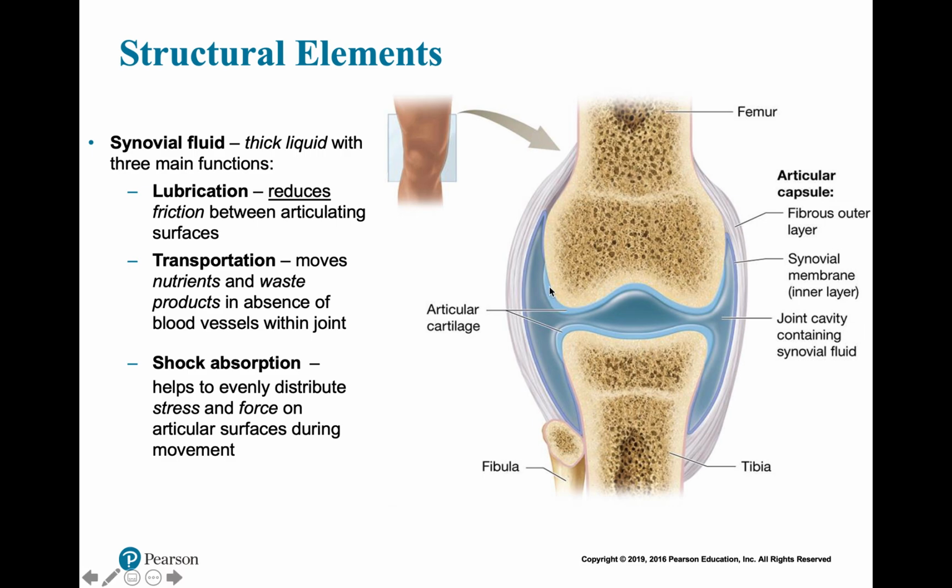That's a good thing because the articular cartilage, this hyaline cartilage, is avascular, doesn't have blood vessels, and there are no blood vessels running through this joint cavity. So the synovial fluid transports nutrients to the hyaline cartilage and transports waste away, okay? So that's what this transportation function means.